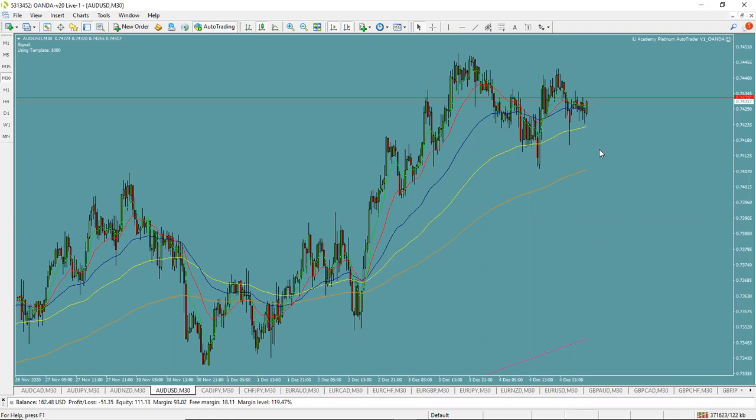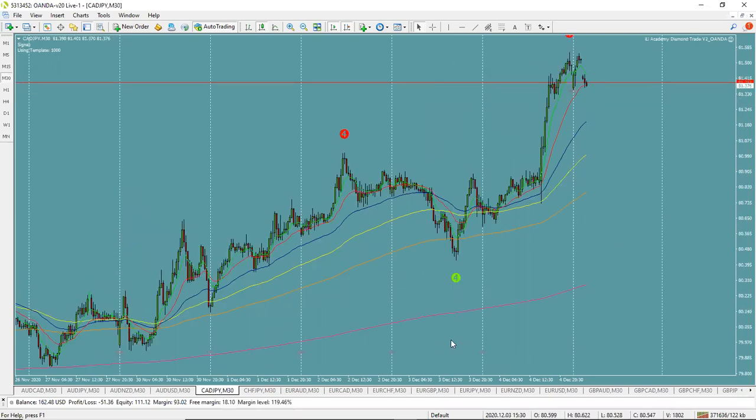Even though we're above the 720, I just don't want to wait forever for it to come back if I can avoid it. So I'll just break it even, take whatever pips it gives me. I don't care if it's 1 pip or 2. If it gives me those, fine, I get out. I'm not riding this down and then waiting for it to come back, because that just takes away from my free margin that's there for the next trade.